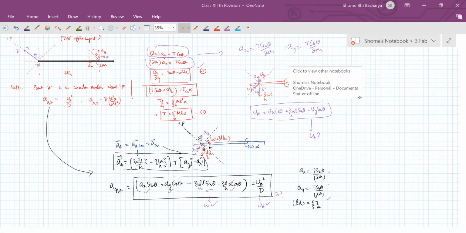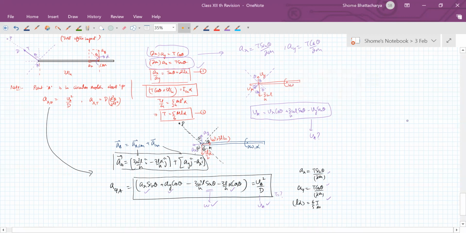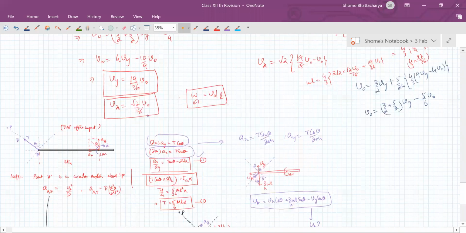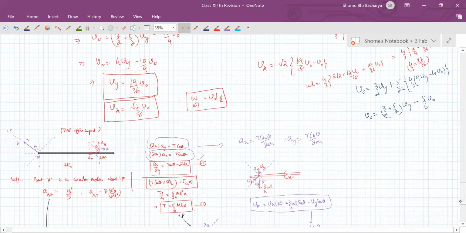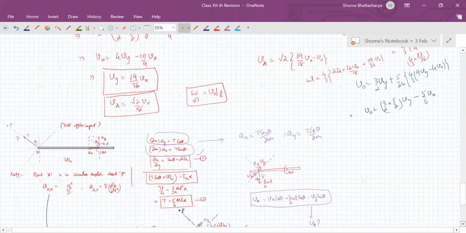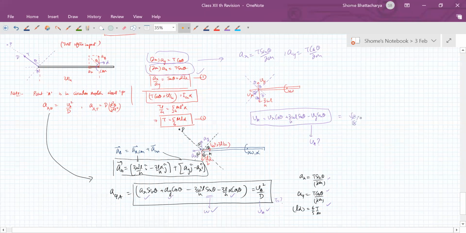Good. So let's just plug in all these values. So Vx, omega L, these all we had in terms of, so we had these values: root 2 by 18, 9 by 36, and V naught by L. Okay. So root 2 by 18 into 1 by 3 plus 3 by 4 V naught into sine theta, which will become 2 root 2 by 3.